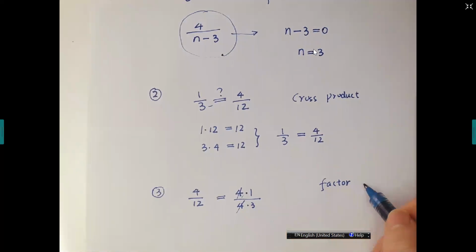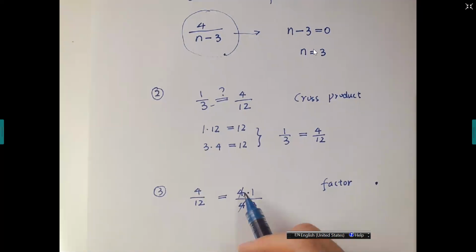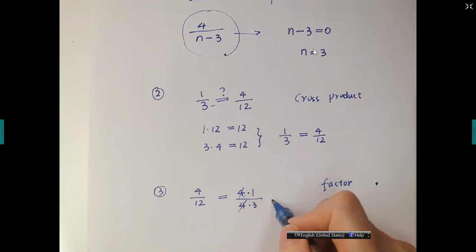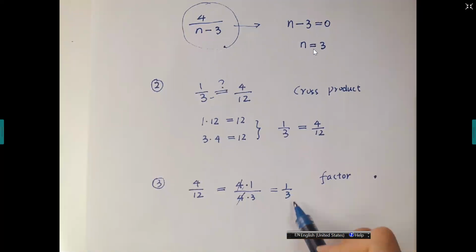So factor is a number next to the multiplication operator. In 4 times 1, 4 times 3, 4 is a factor. We can cancel the same factor on the numerator and denominator. So 4 divided by 4 is 1. So those two cancel each other. What is left? 1 and 3. So 1/3 is the simplified form of 4 over 12.